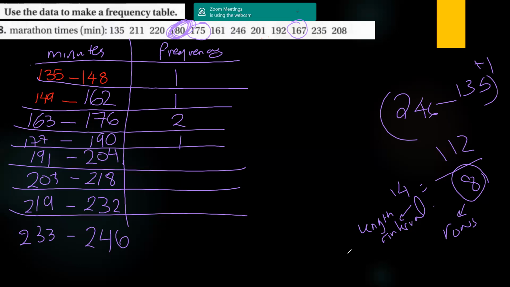So from 191 to 204. 191, 192, yes. 193, 194, 195, 200, 201. Yes, we have 201. 202. Only 2.